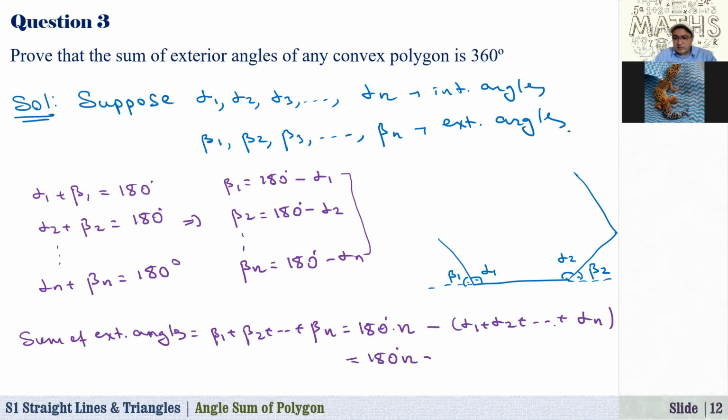The sum of the interior angles inside the polygon is 180 times (n minus 2). So now if you simplify this, 180n minus 180n is equal to 0, minus 180 times minus 2, that's equal to 360 degrees. So the sum of the exterior angles of any polygon is always 360 degrees.